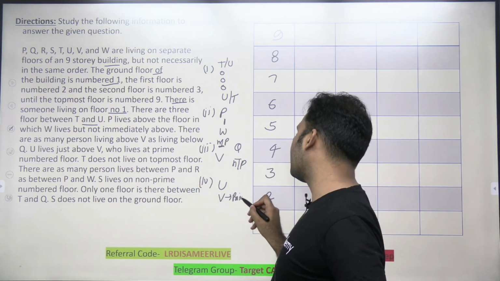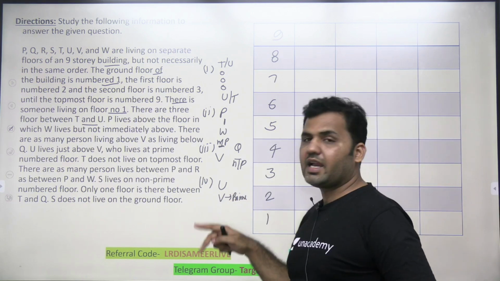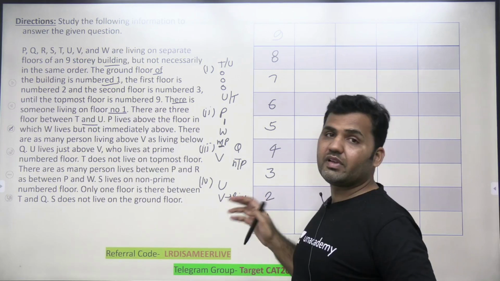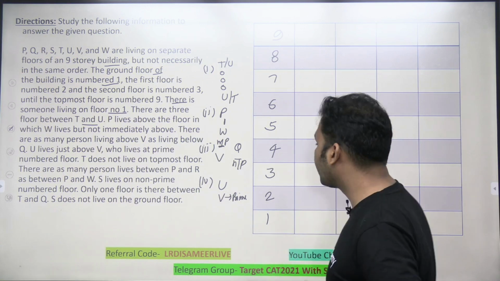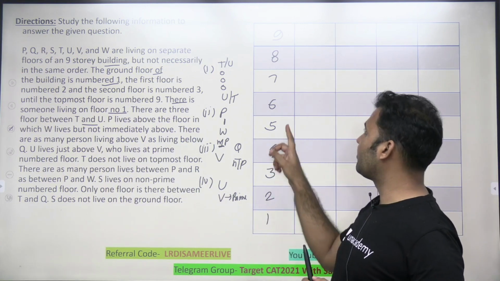So see that, guys, out of all the information that we have studied till now, this is the only hint where you can start solving the set, because we know that from 1 to 9, the number of primes is 4. So if V is living on a prime number floor, V is either on 2 or 3 or 5 or 7.